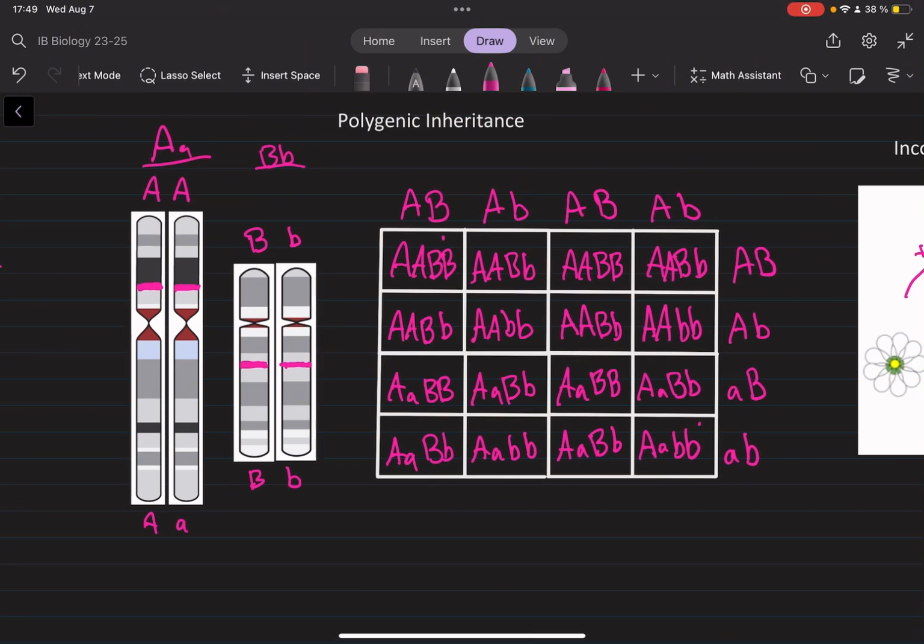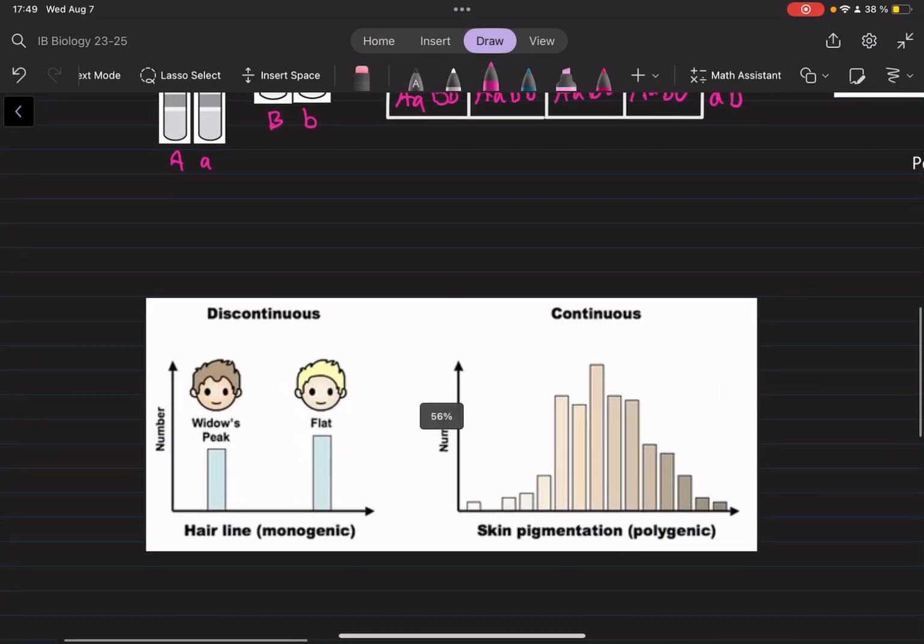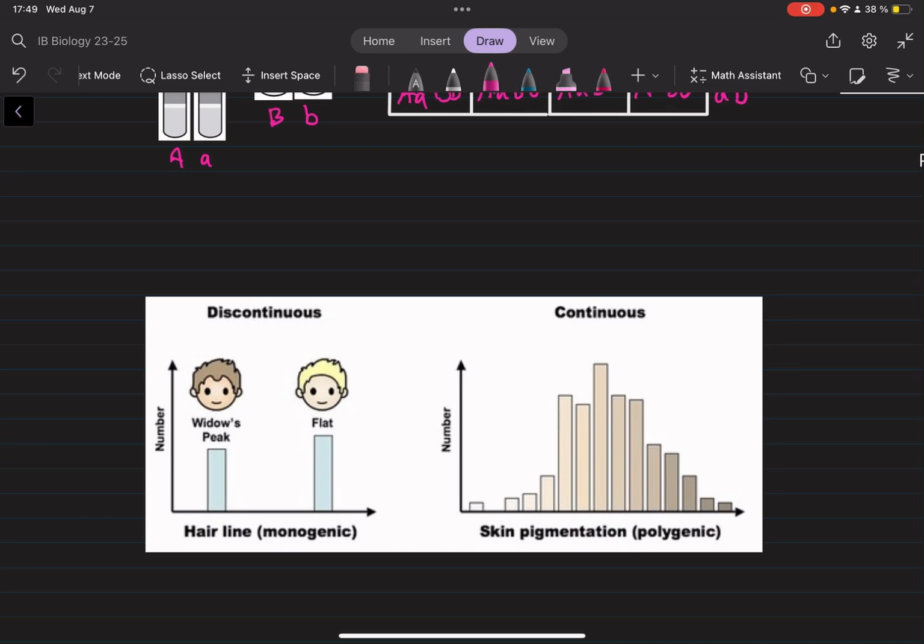So you would have a wider range of skin colors, because you also have two little b's, one little a, so you would have a wider range of what is possible for that child to inherit. And that's why this would be a continuous variation.